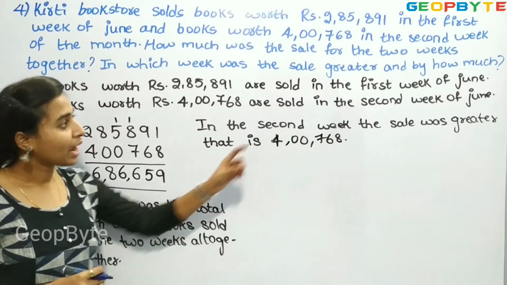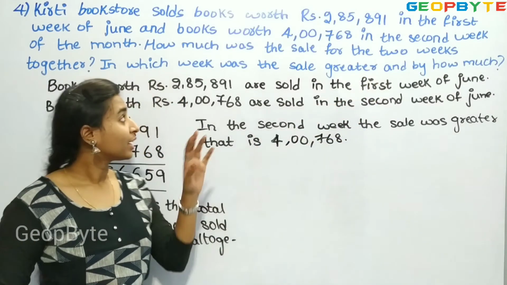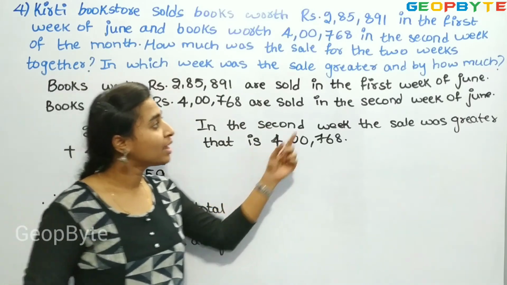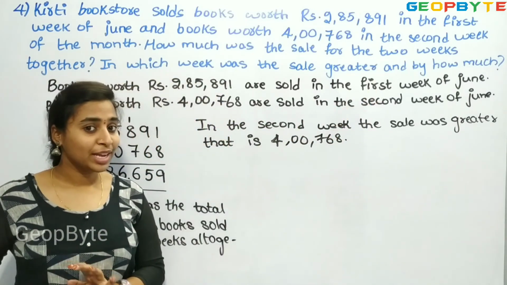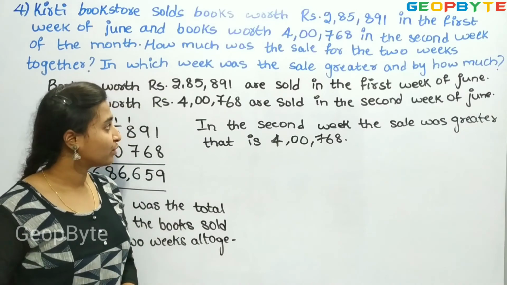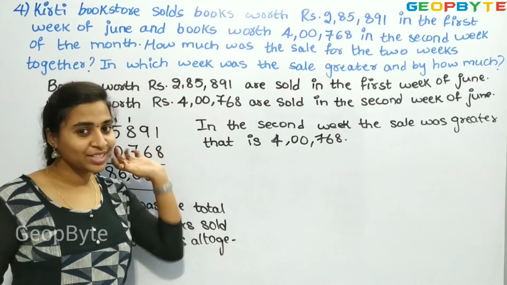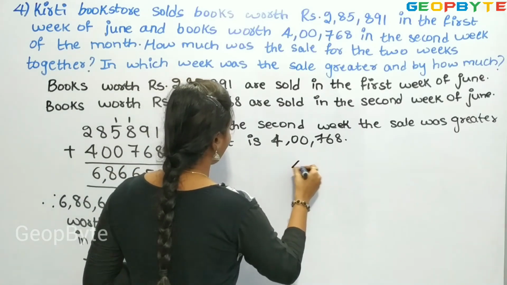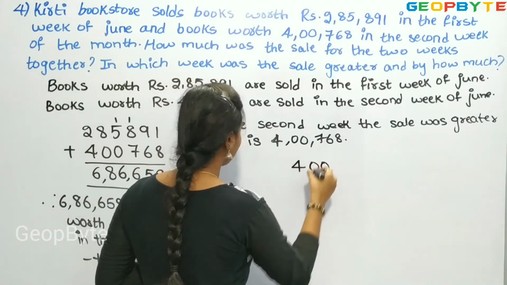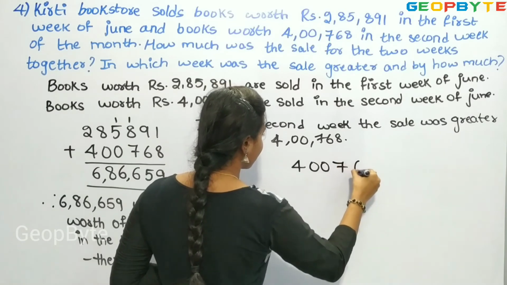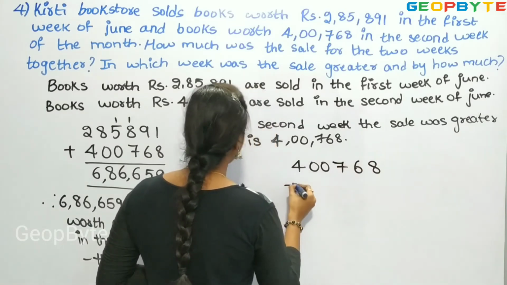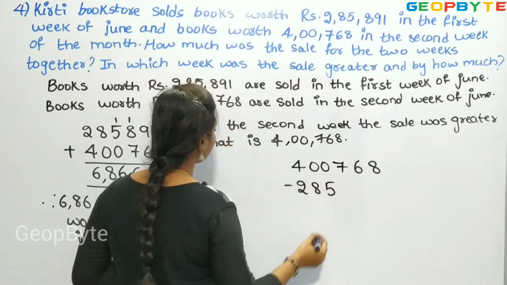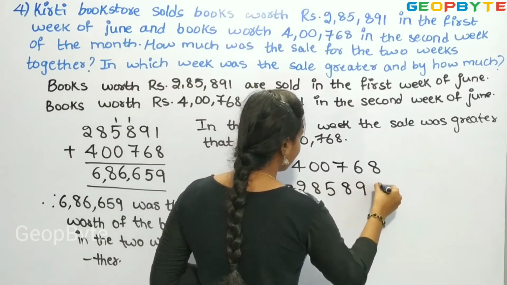So now, and by how much, right? In which week the sale was greater, that is in the second week, and by how much, means we need to find out the difference between these two worths. So 4,768 minus 2,85,891.